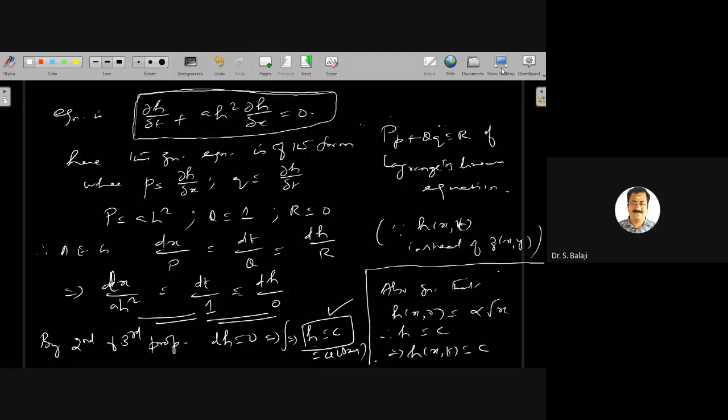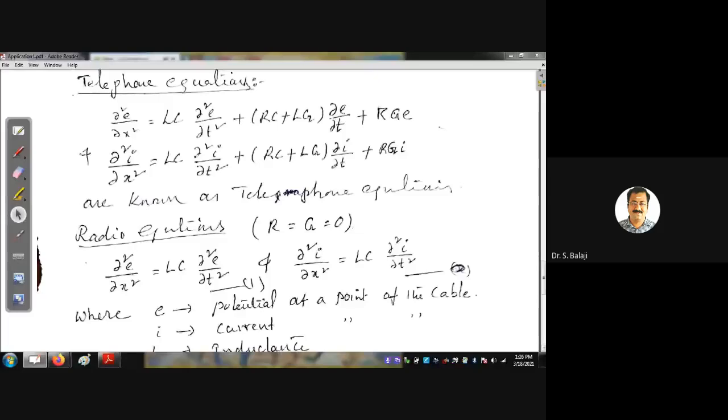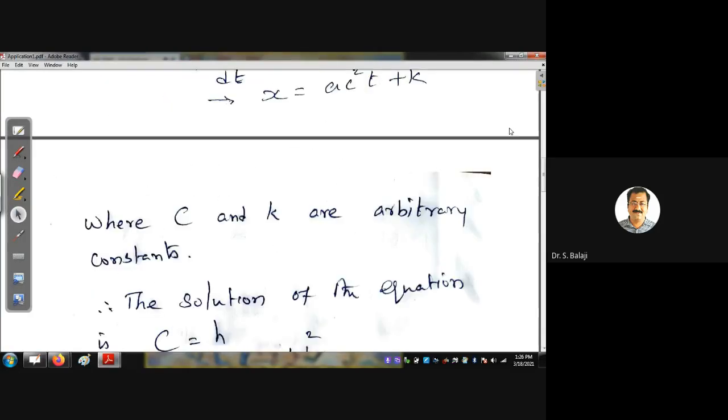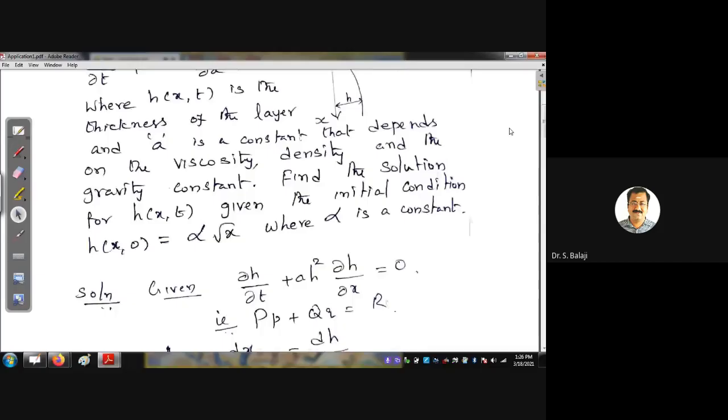And here h represents the thickness of the layer.